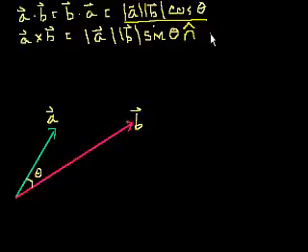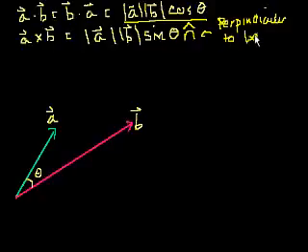This is a vector. It's perpendicular to both A and B. Well, you might say, okay, A and B, the way I drew them, they're both sitting in the plane of this video screen.